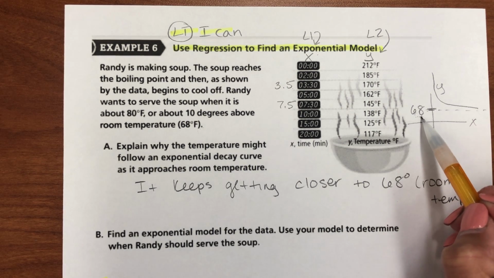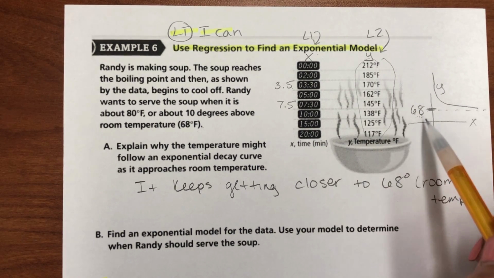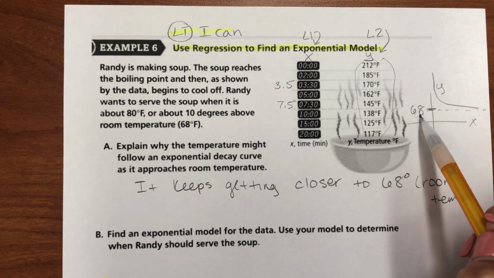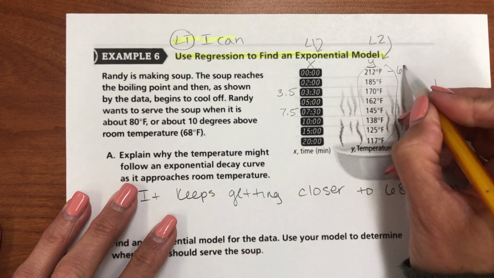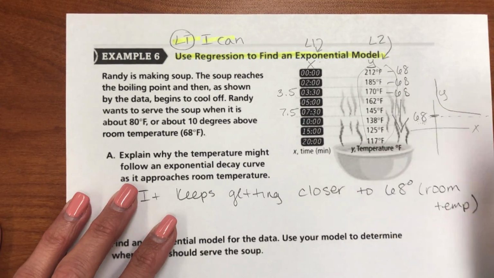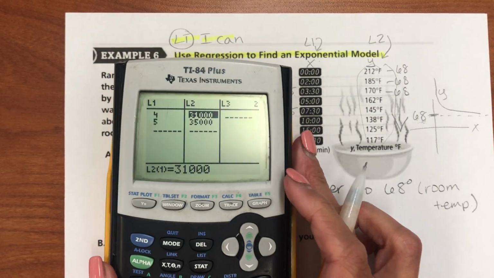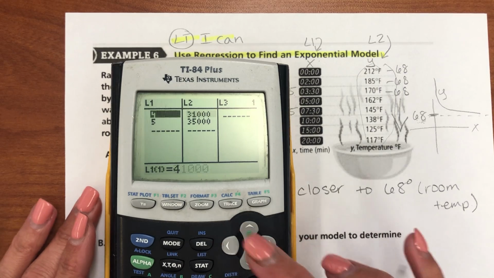We're approaching 68. So what you're going to have to do is take your y's and subtract that 68. So minus 68, minus 68, minus 68, and so on. So when I put in my data values, it's going to look like this.